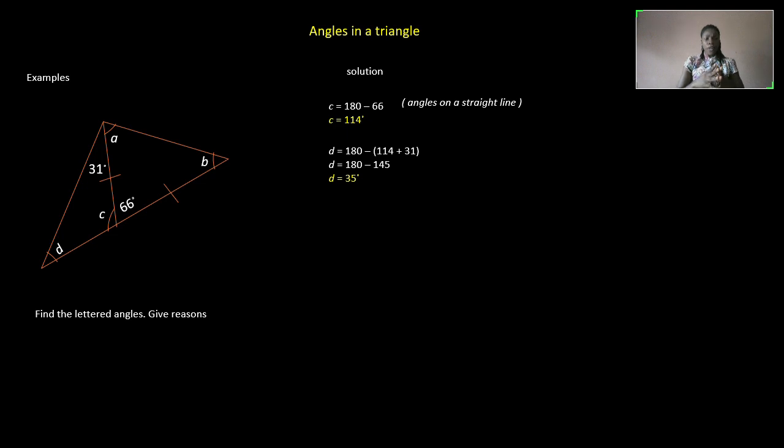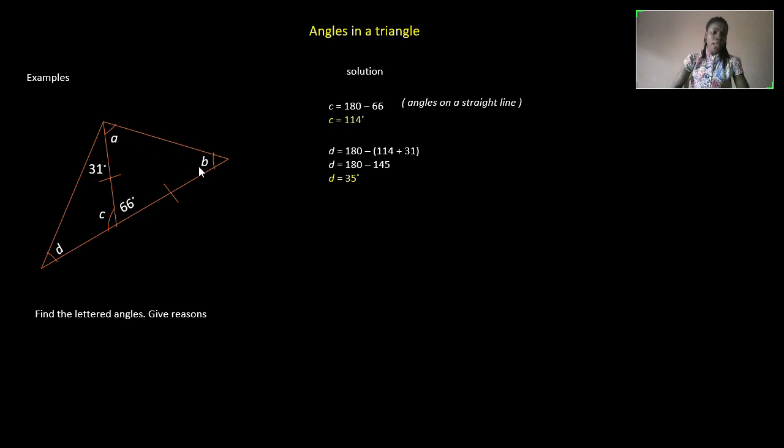Now we have gotten our angle C and our angle D. We are now to find our angles A and B. And like I said earlier, this is an isosceles triangle. And since it's so, these two base angles are equal. Angle A and angle B, they are equal.